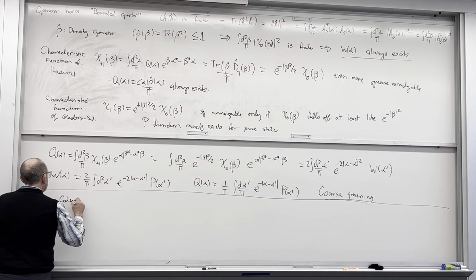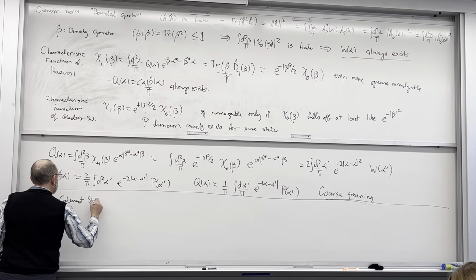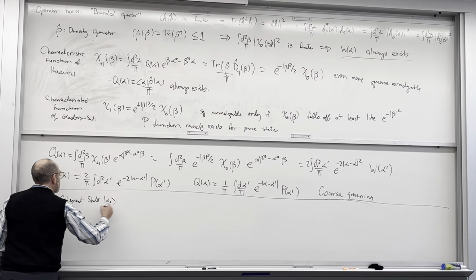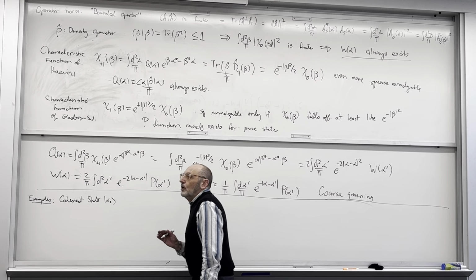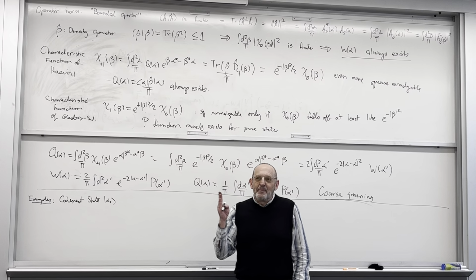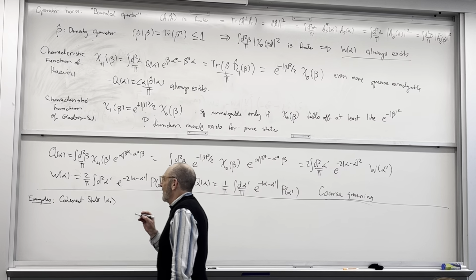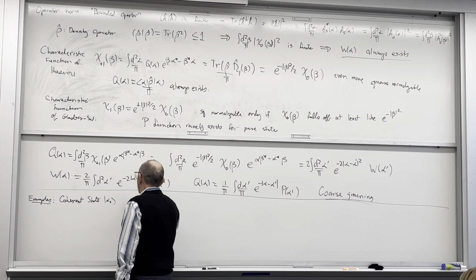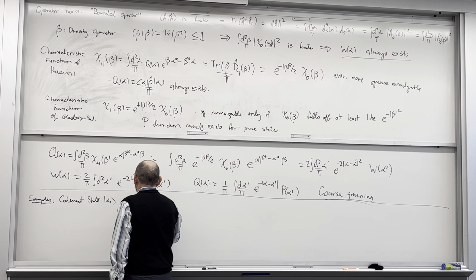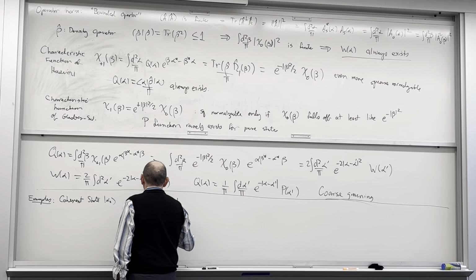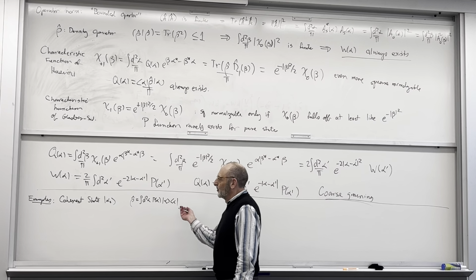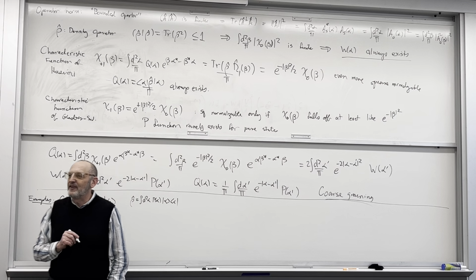Coherent state. We can do this by eye, because we know the rho, so we can just read off the P function.